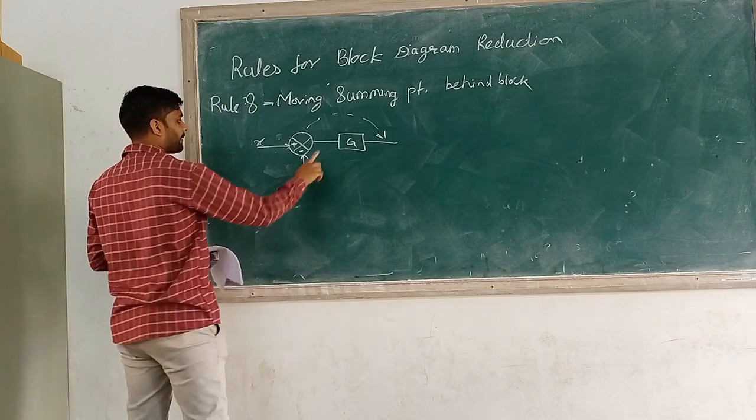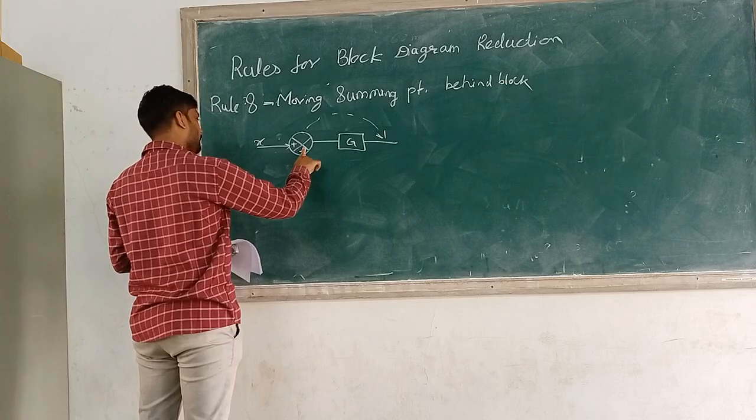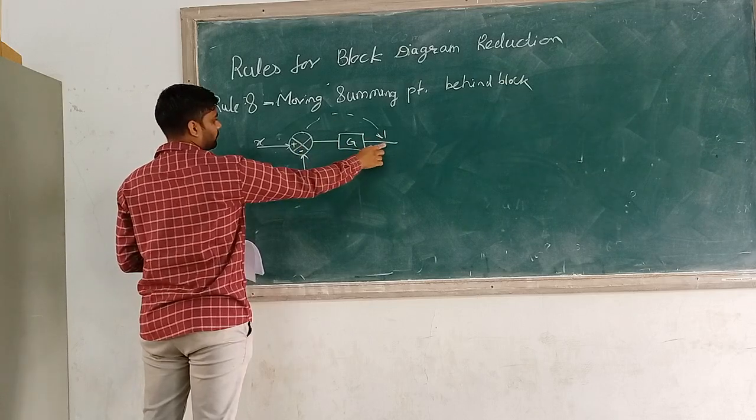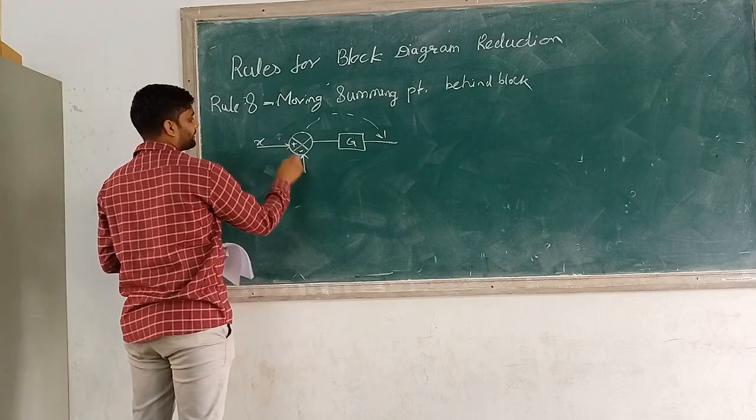For this, we want to move this summing point in this block G, and if you can see here, this input is coming from this line and this line.